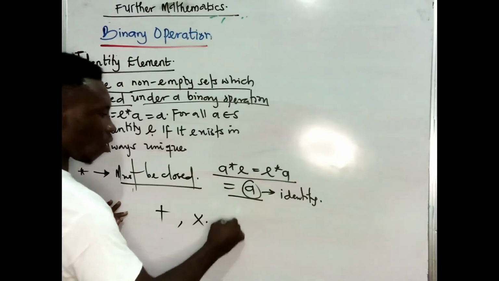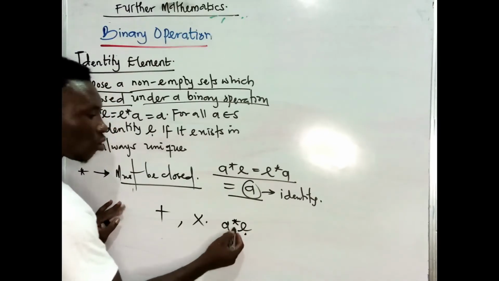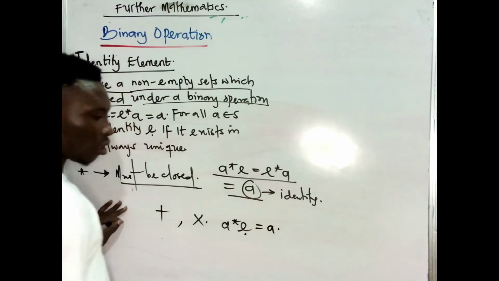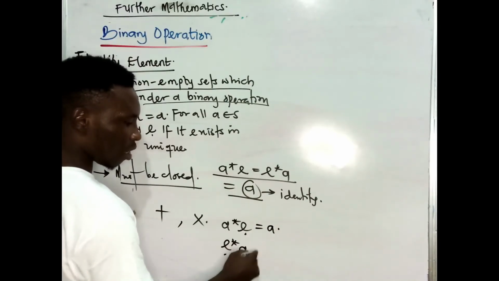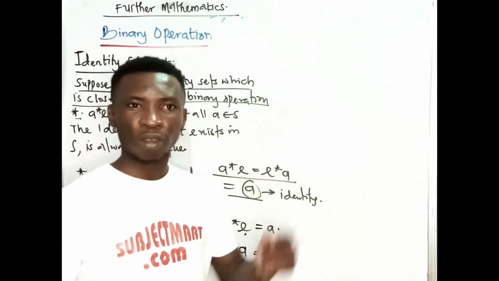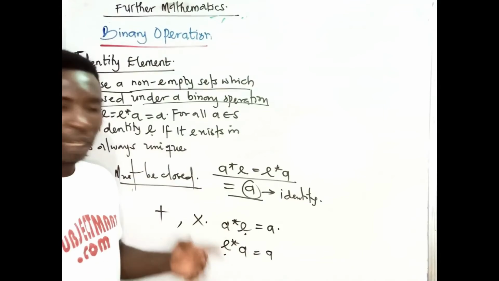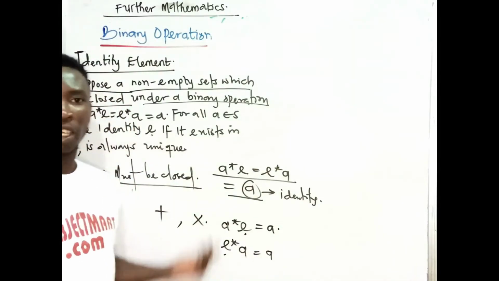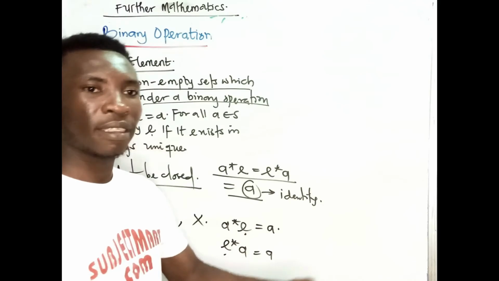For example, A operation E. This is your identity. Your identity is joined to A. It does not change it. It gives us A. Or identity asterisk A gives us A. So identity is a number or a variable such that when it is joined with an operator to any other variable, it gives you that same variable. Whatever satisfies that condition makes it what?